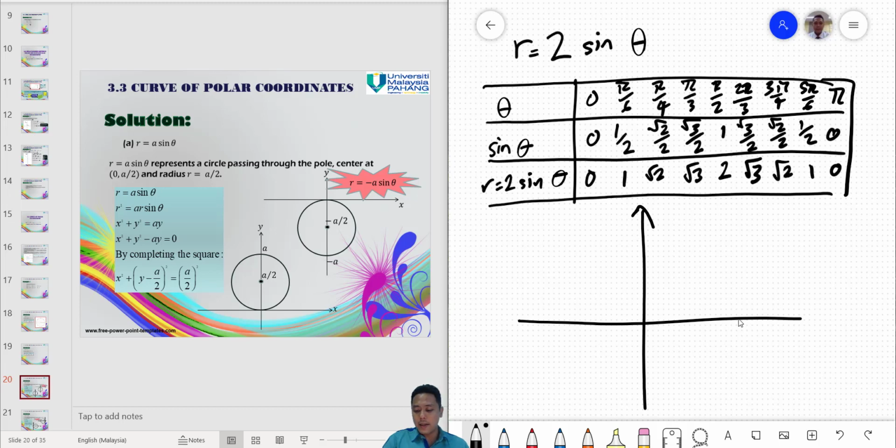When the angle is 0, the distance of the point is 0. So let's try to mark it here. From 0, during pi over 6, the distance will be 1, up until the square root of 2, so it will be around here.